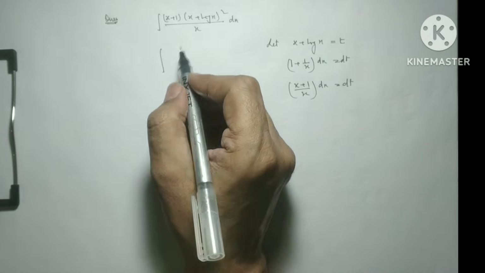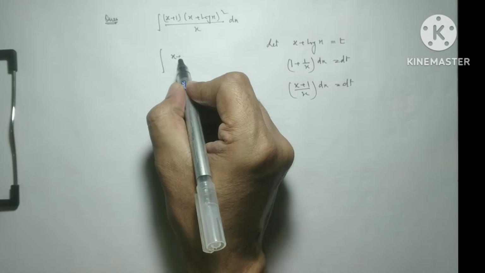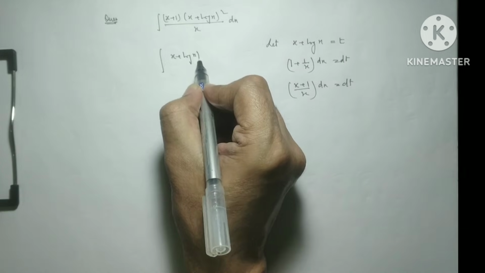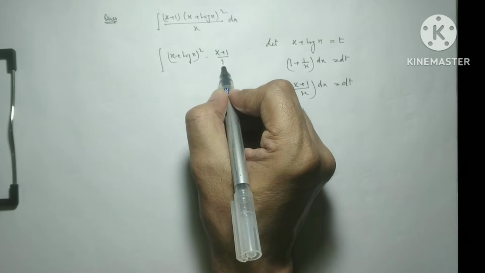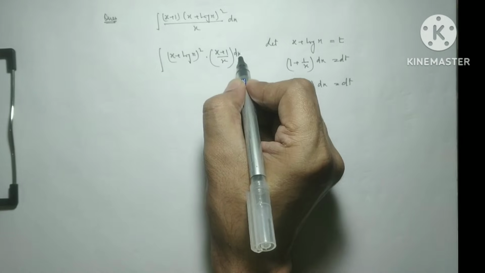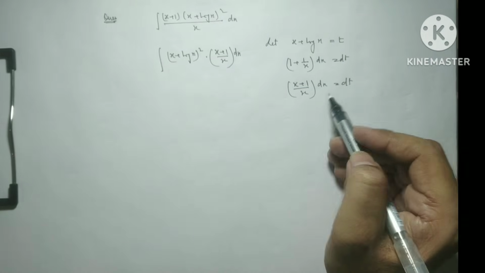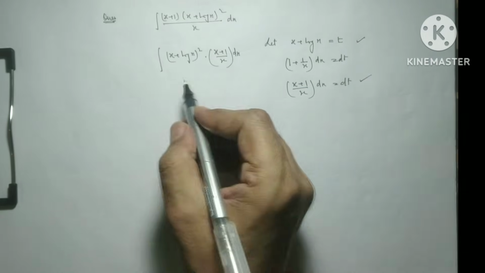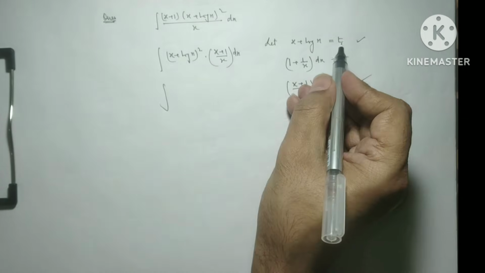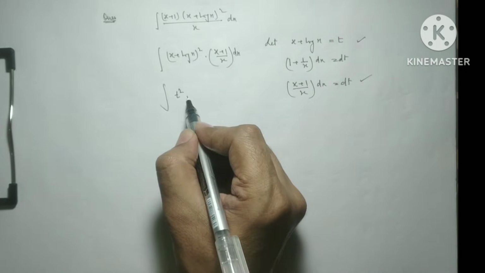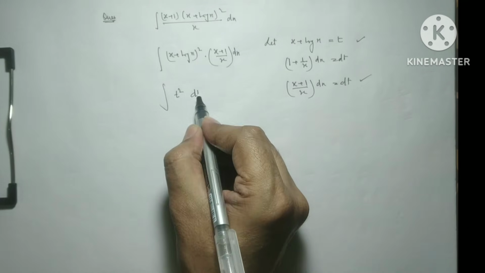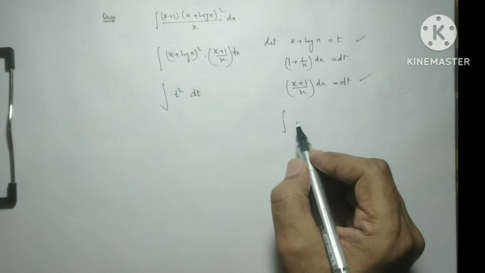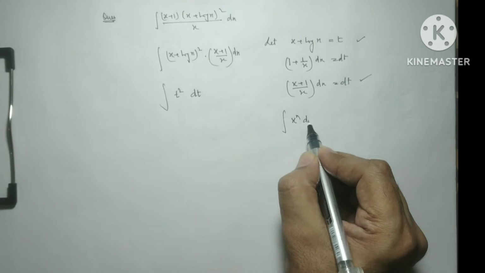So in the given question we have x plus log x whole square, and this is x plus 1 over x dx. So we substitute these two values. So it is just like t, it becomes t square, and the value of this portion according to this is dt. Right now we can use the x to the power n dx formula.